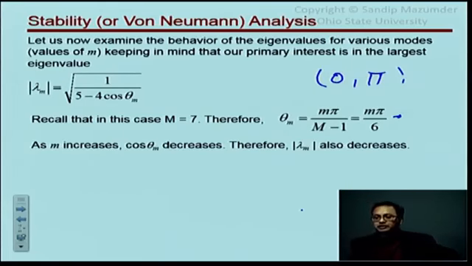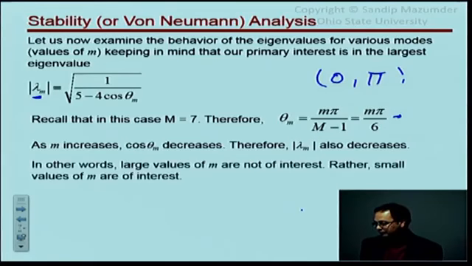In the range 0 to pi, cosine theta m is decreasing with increasing theta m, and so therefore this eigenvalue is actually decreasing with increasing value of m. So in other words, large values of m are not of interest because they give me the small eigenvalues. It's the small values of m that we are interested in.